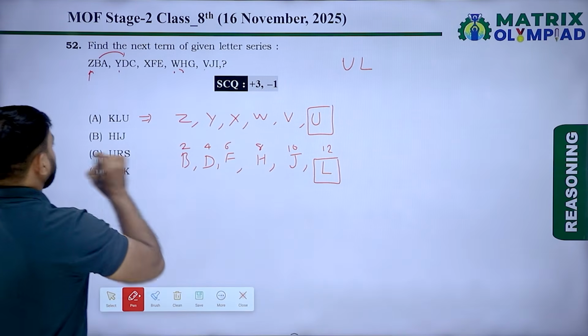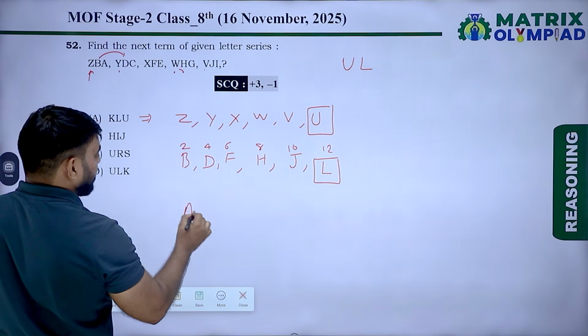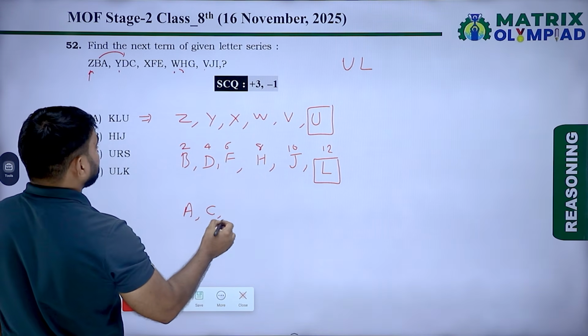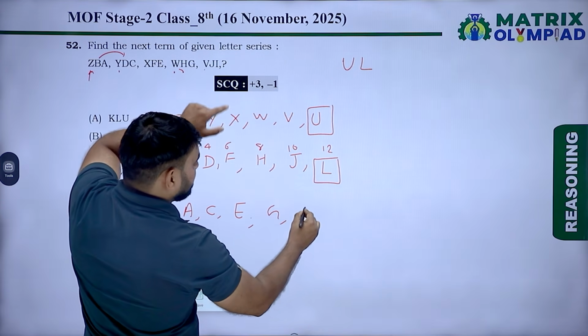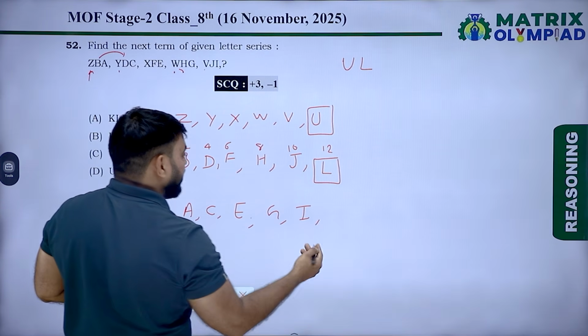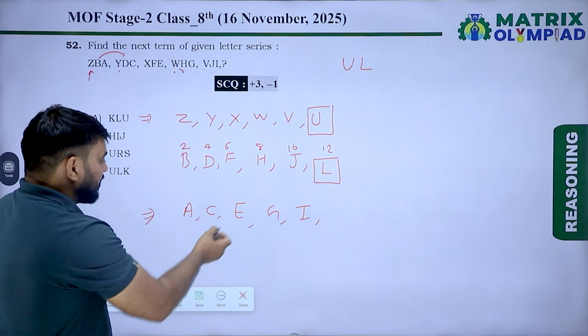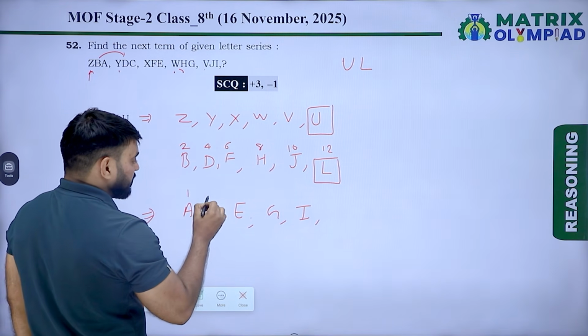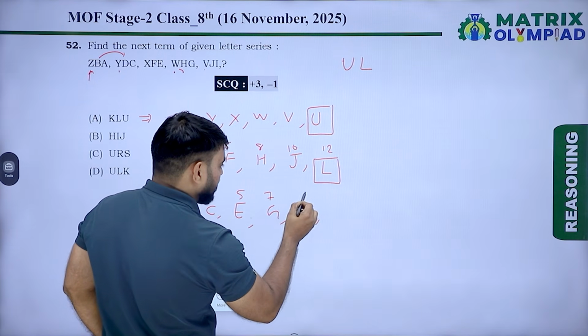Now taking the third alphabet of each term. The third alphabet of the first term is A, of the second term is C, of the third term is E. After E next is G, after G next is I, and after I the next letter is missing. Now find the place value of the given letters. Place value of A is 1, C is 3, E is 5, G is 7, I is 9.